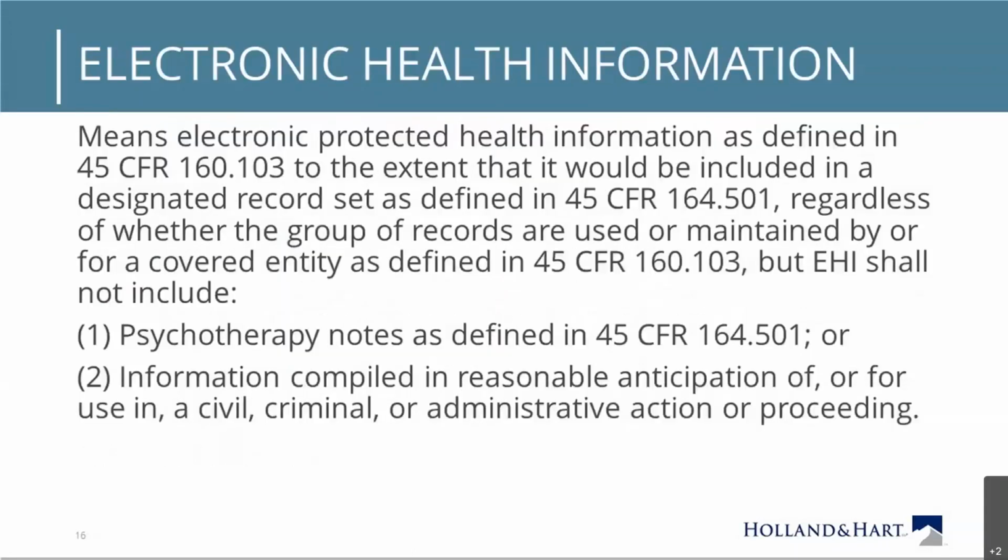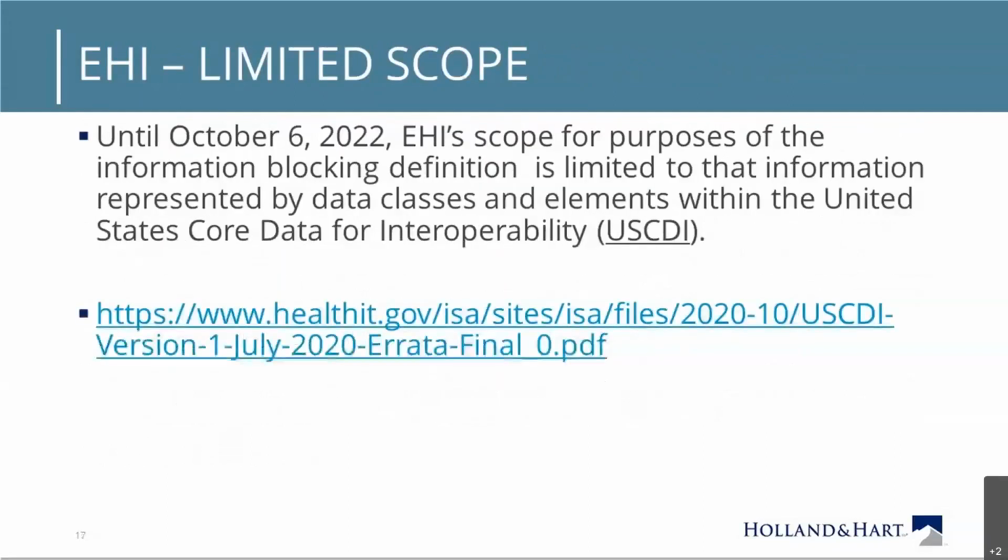So electronic health information, under the information blocking rule, is defined rather broadly. It does not include, however, psychotherapy notes or information compiled in reasonable anticipation of litigation. So there is a carve out for some of that information.